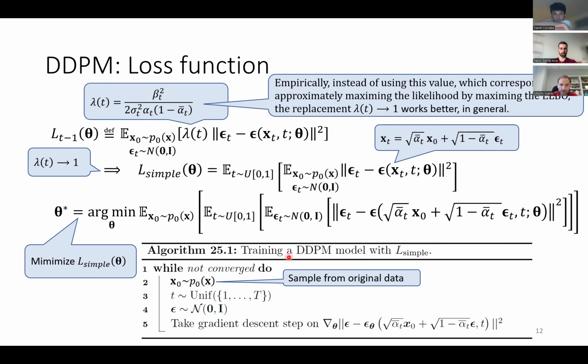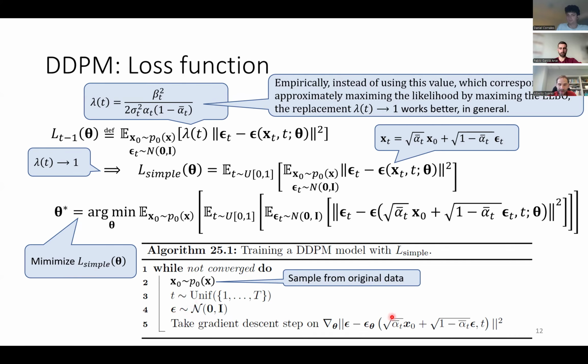So the pseudocode is: take one of the images from your training sample. For that particular image, generate one of these indexes, 1, 2, up to t. So here it's actually using the discrete version. Third, you generate epsilon from a normal 0, 1.